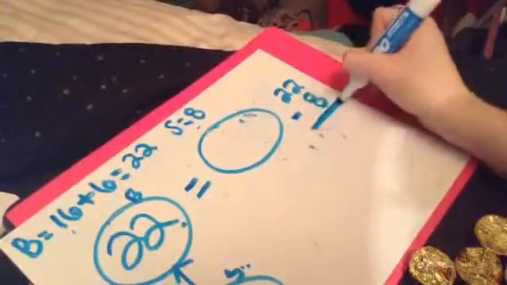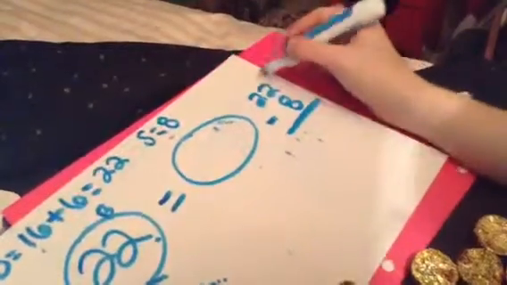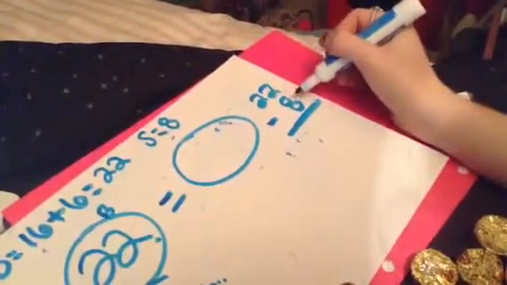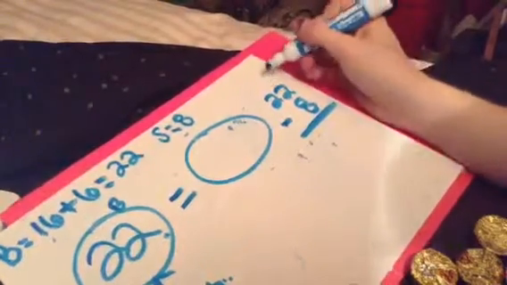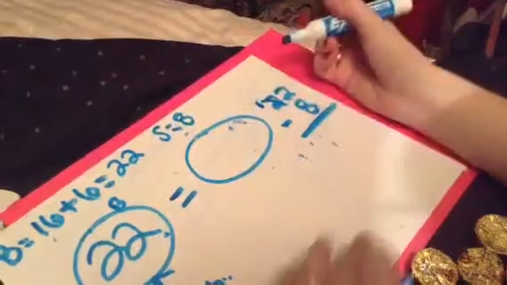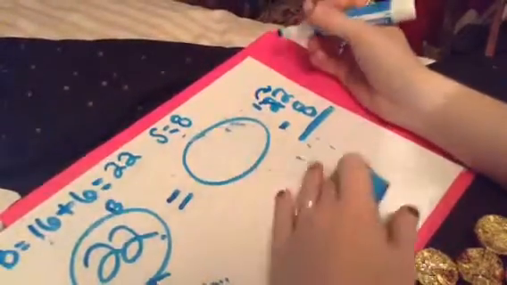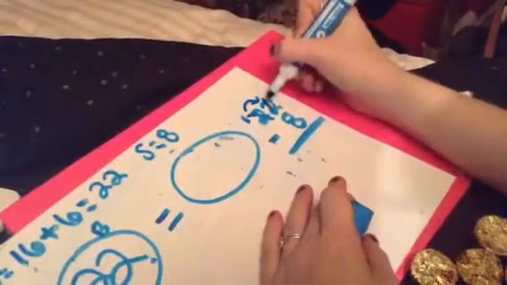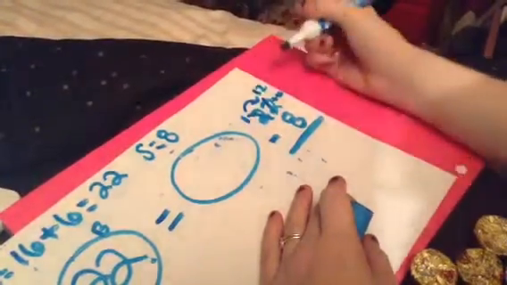So let's go to our ones place. Well, we can't take away 8 from 2, so we have to regroup. We can take away 1 from the tens place and add it to the ones place. So now instead of 2, we added 10, which is now 12.